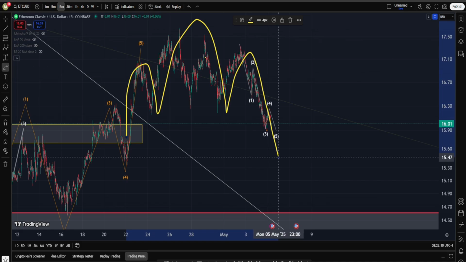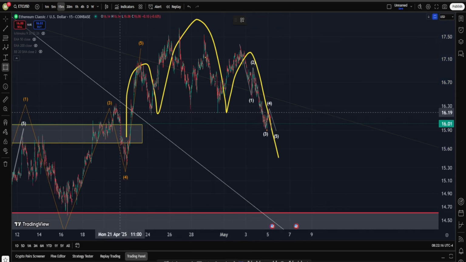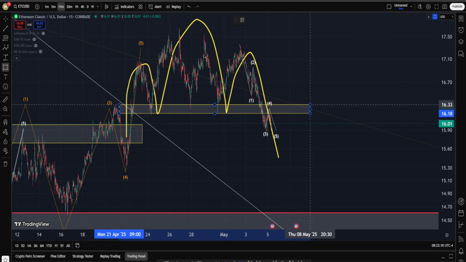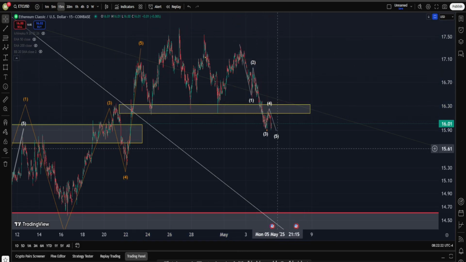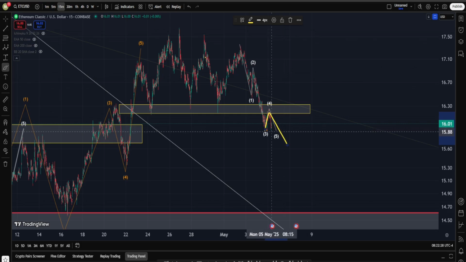However, this pattern at the moment is not confirmed yet. Why is it not confirmed? Because we haven't really gotten a complete break of our neckline, and in order to have that, we need to go under the neckline and then get a pullback, followed by a continuation of the move down in order to take these lows.